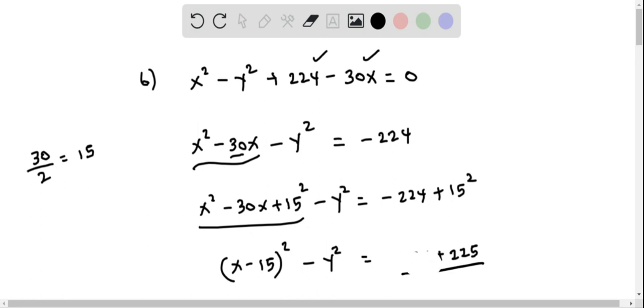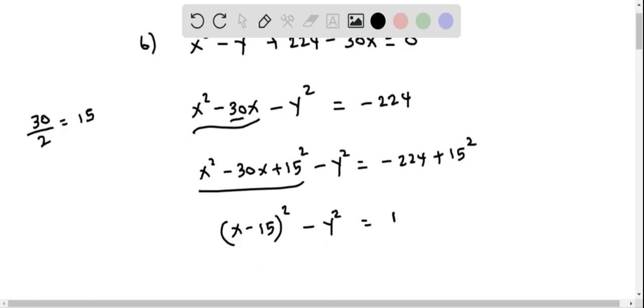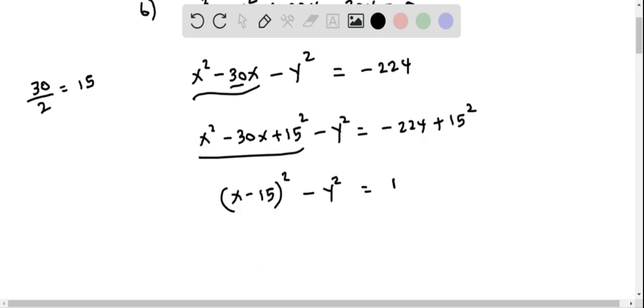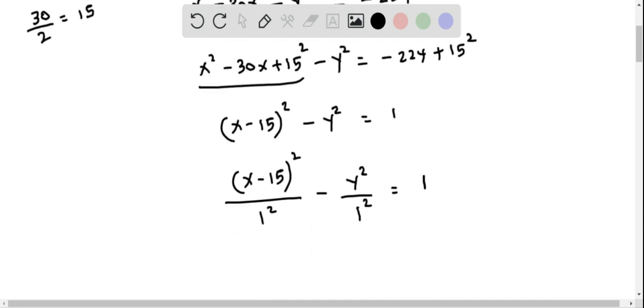I'm going to write this as positive 1. And now we can divide all the terms by 1 and write it in standard form. So it is x minus 15 quantity squared divided by 1 squared minus y squared divided by 1 squared, and this equals 1 divided by 1, which is 1. So this is the standard form of a hyperbola.